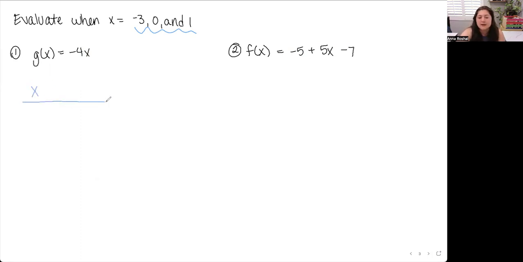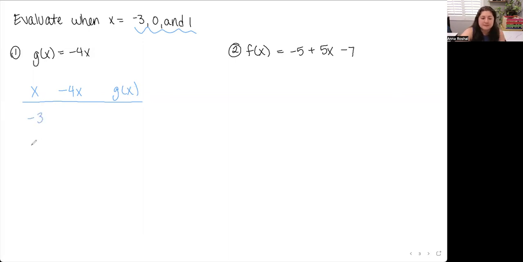So here are my x values, here is the function I am looking at, and here are my quote unquote y values. We talked about how anytime we have something like this, it's the same thing as y. I can almost replace it as y, but since they give me g of x, we're going to leave this g of x.